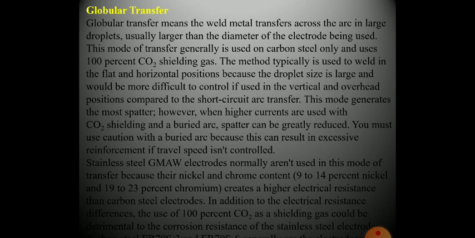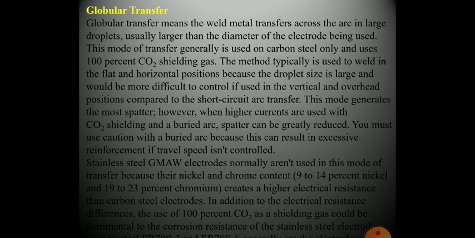When we are doing GMAW on stainless steel, the electrodes are normally not used in this mode, the short circuit transfer, because their nickel and chrome content, 9 to 14% nickel and 19 to 25% chromium, creates a higher electrical resistance than carbon steel electrodes.